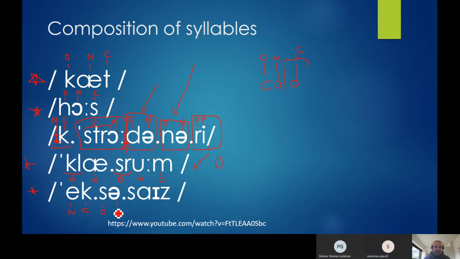In the last syllable, the onset will be the S sound, and I, which is a diphthong, I think it will be the nucleus. And the sound Z will be the coda.